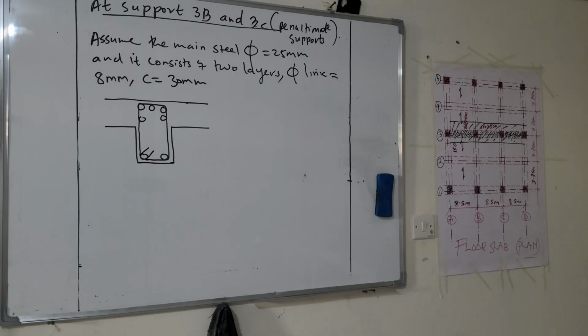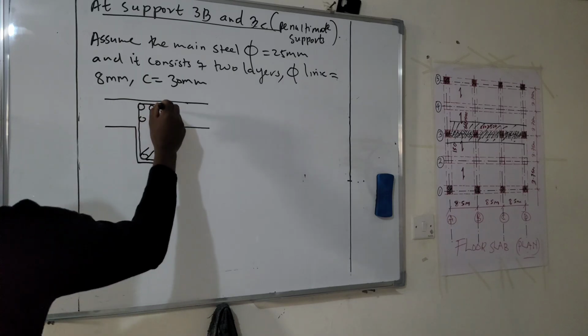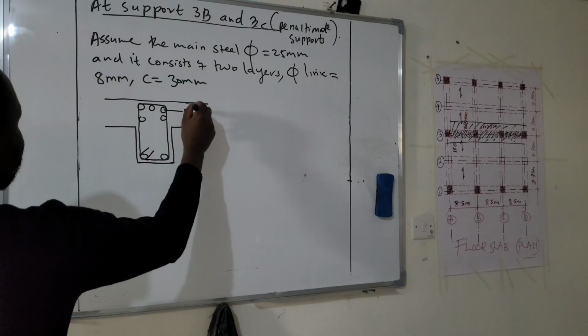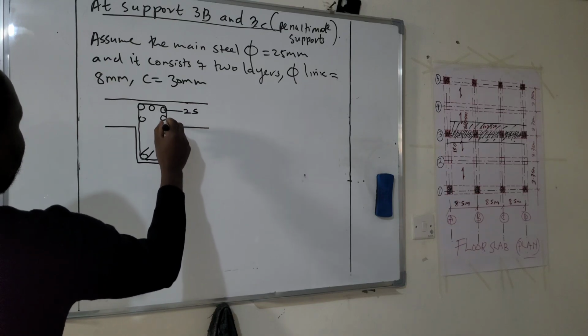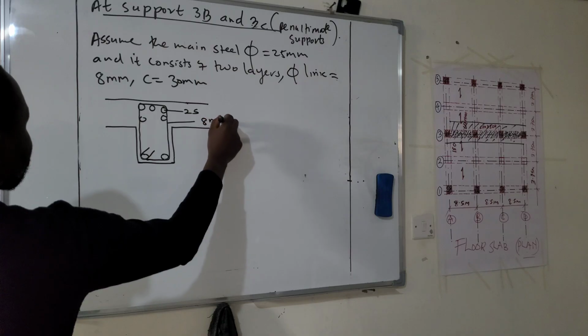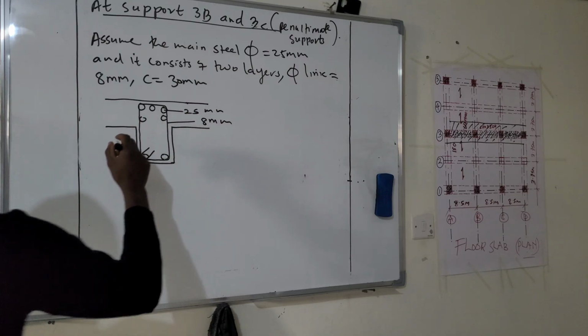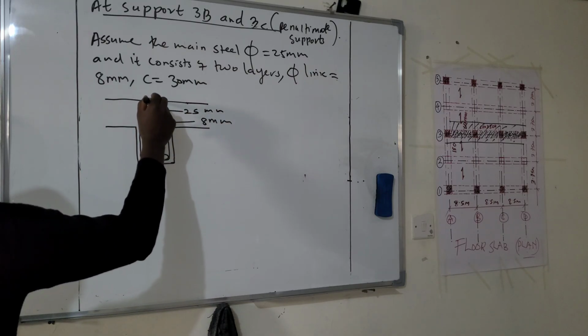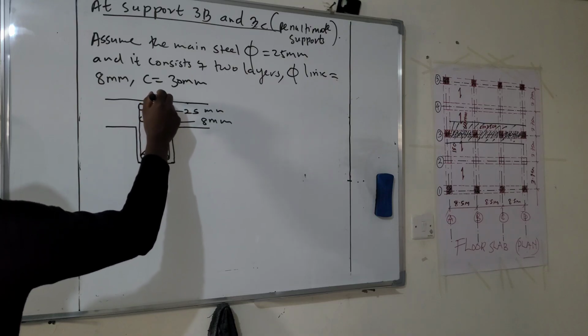So to calculate D, this one is 25, and the link is 8 millimeter, and then you have a cover of 30.